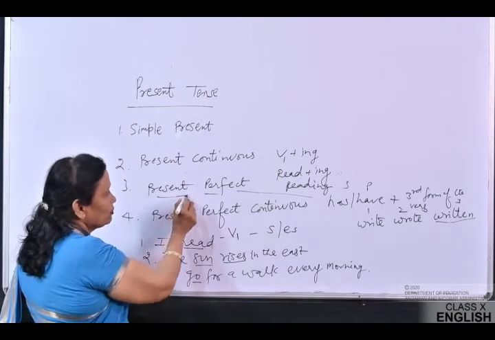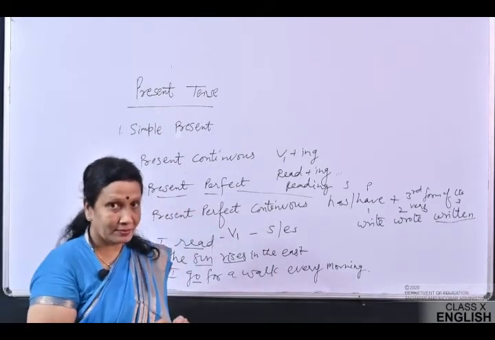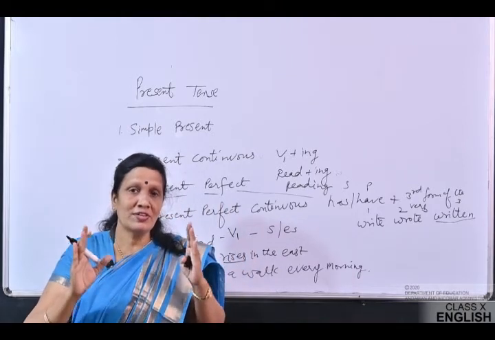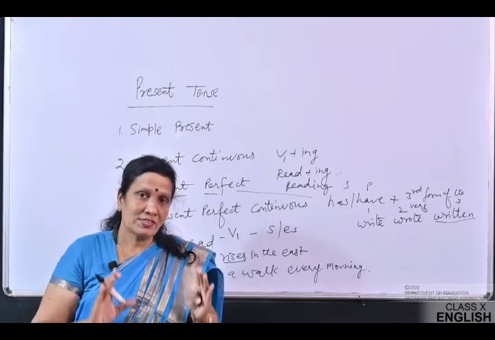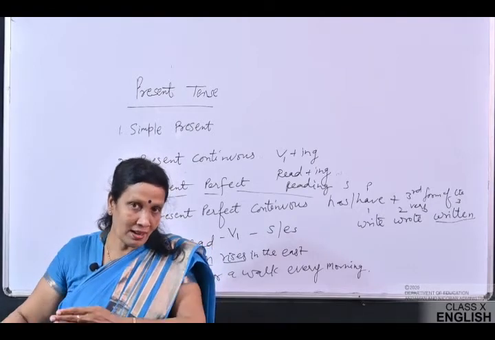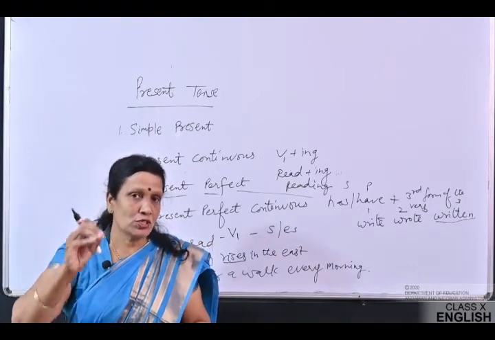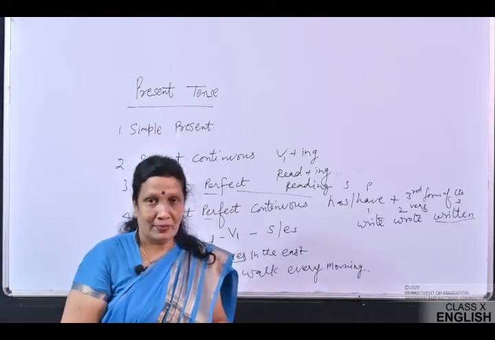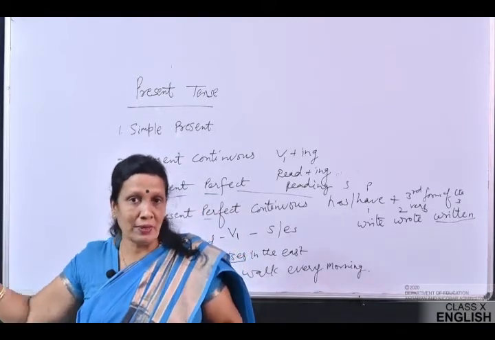Now the present perfect continuous. That means your action is not yet complete. You have started some action and it is still continuing. In that situation, you use the present perfect continuous. It's not complete, but it is continuing.